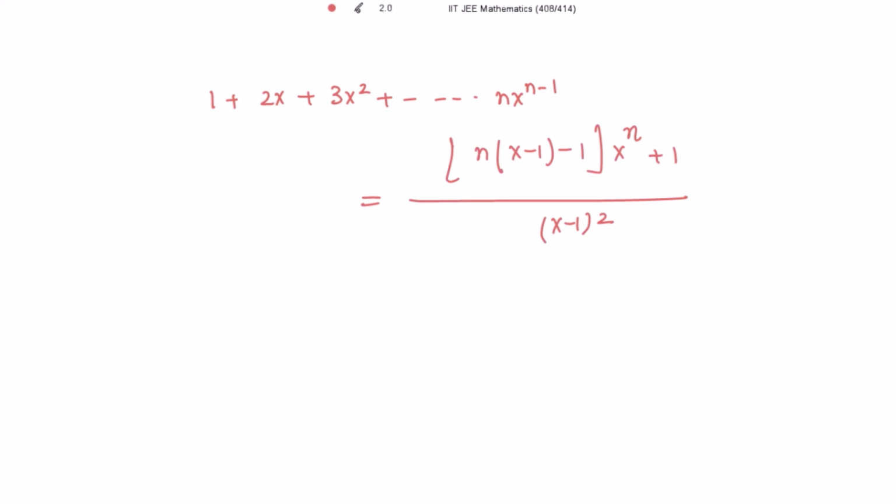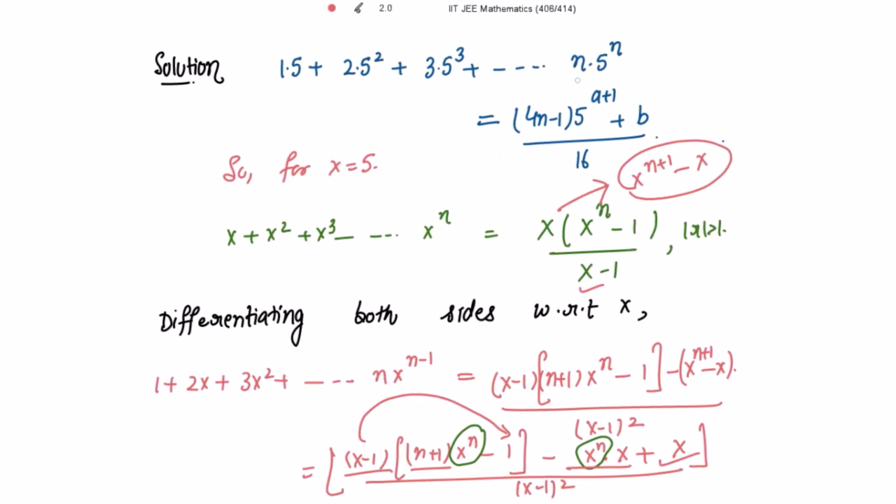So on the left hand side we are having this series 1 plus 2x plus 3x square plus so on n into x the power n minus 1 equals to the right hand side. Let me multiply both the sides with x so that I can get x plus 2x square plus 3x cube up to so on n x the power n.